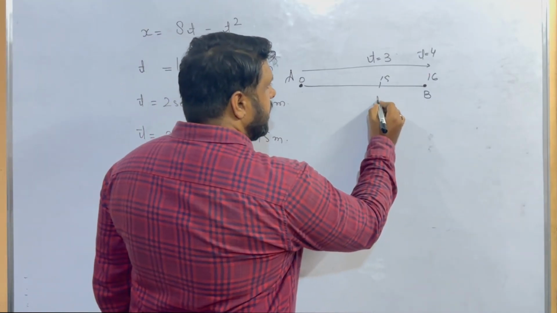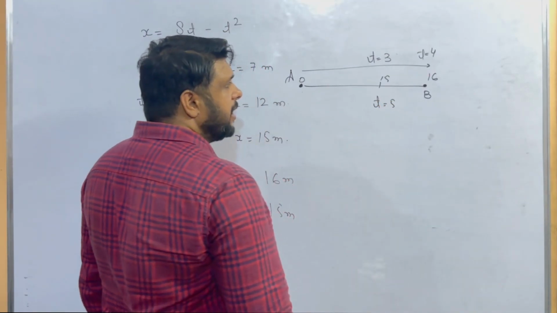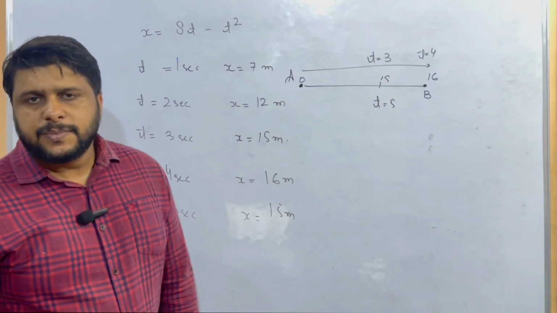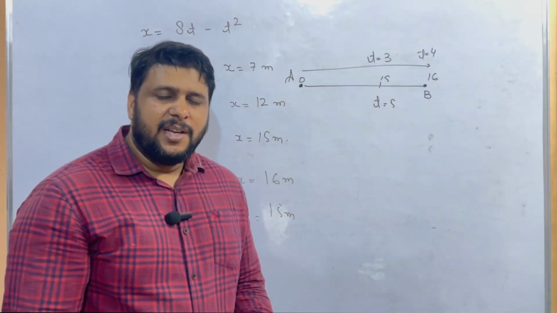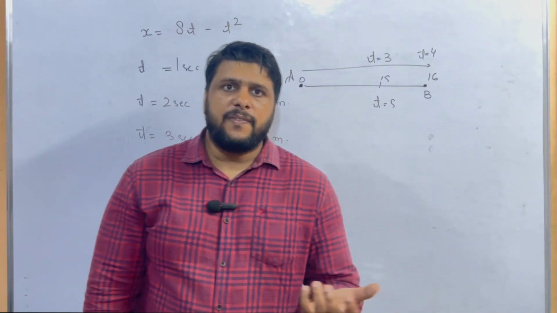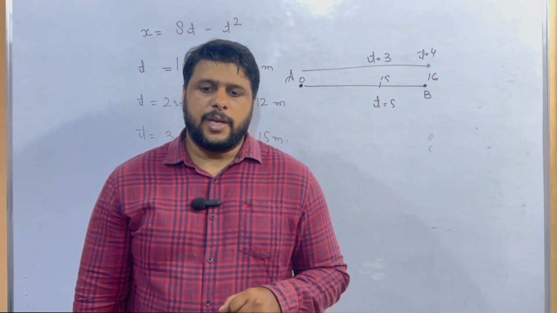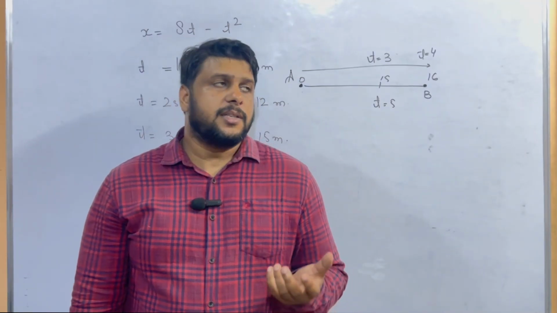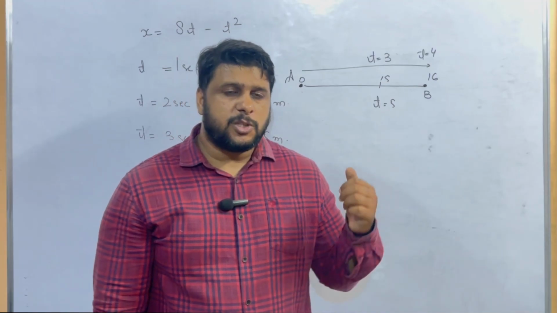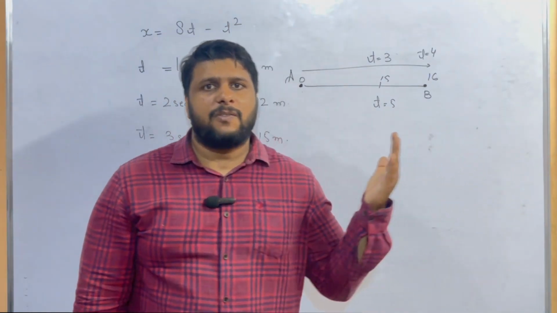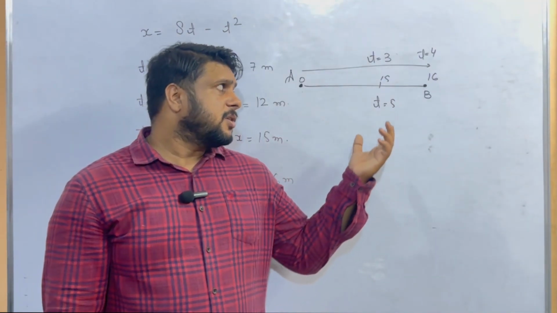Now at t is equal to 5, again it is present at 15 meter. How is this possible? This is only possible if it changes its direction. It reverses its direction. It is not going straight, it is coming backward also.